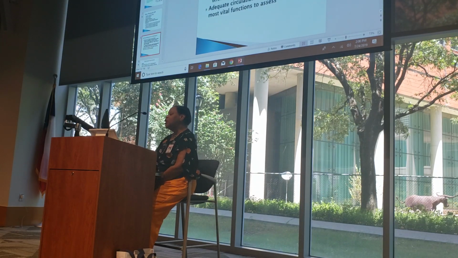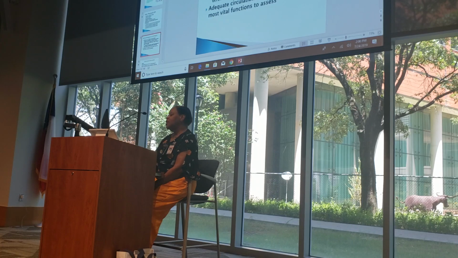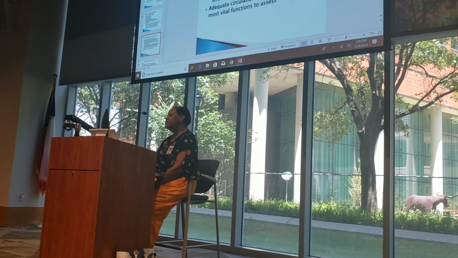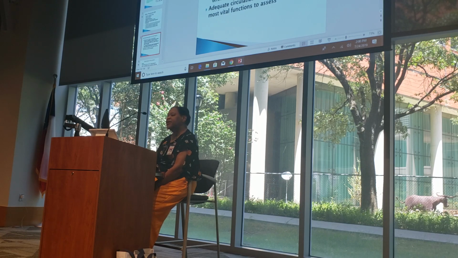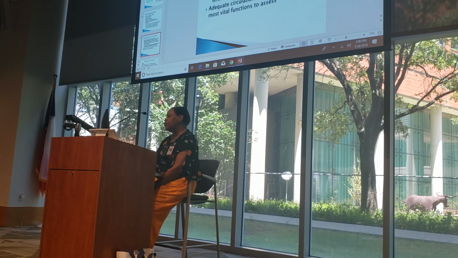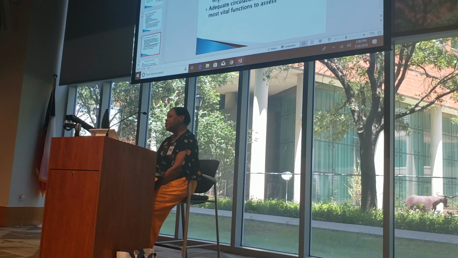You need to know the Glasgow Coma Scale. The three elements that relate to that are the three indicators. We're going to look at the eyes, the verbal response, and the motor response. Three indicators for the Glasgow Coma Scale, because that's going to give us assessment information about the patient as well.